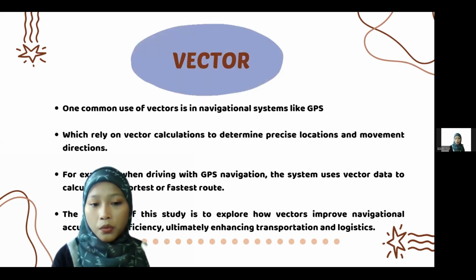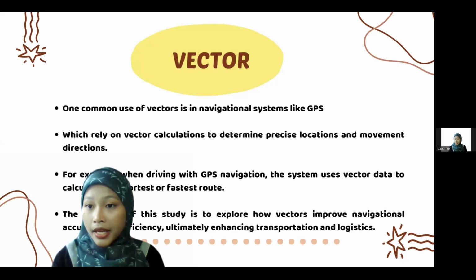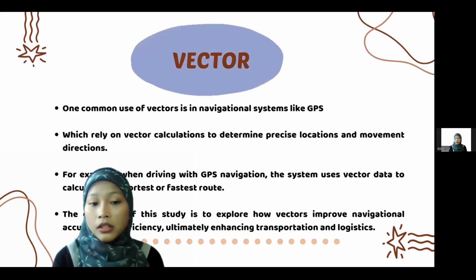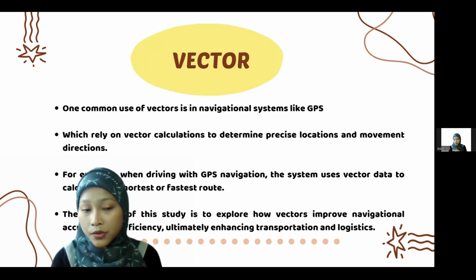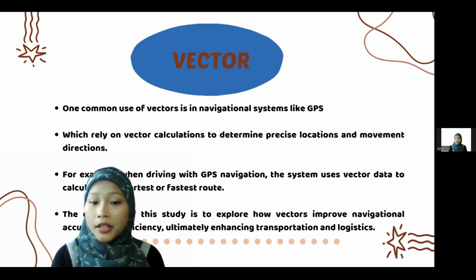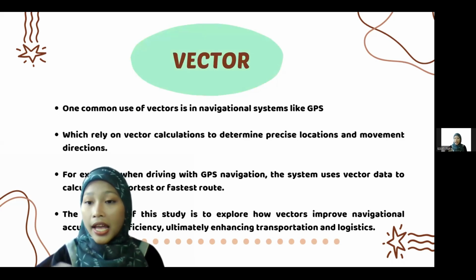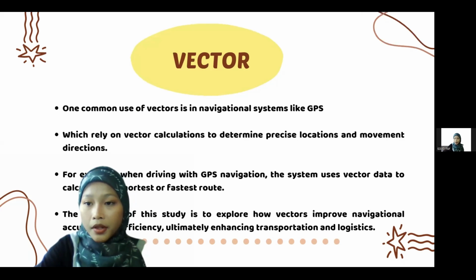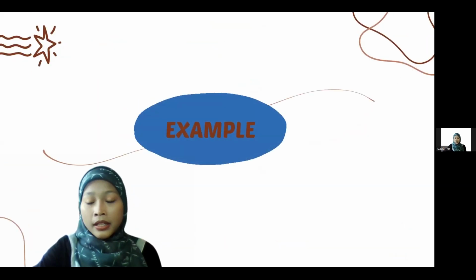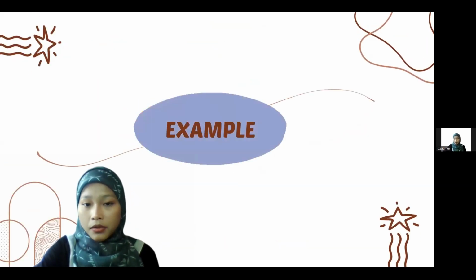For example, when driving with GPS navigation, the system will use vector data to calculate the shortest and fastest route. The objective of this study is to explore how vectors improve navigational accuracy and efficiency, ultimately enhancing transportation and also logistics. So, let's go through the example.